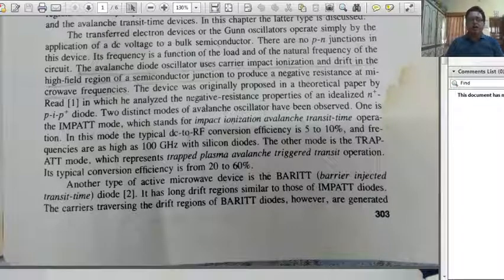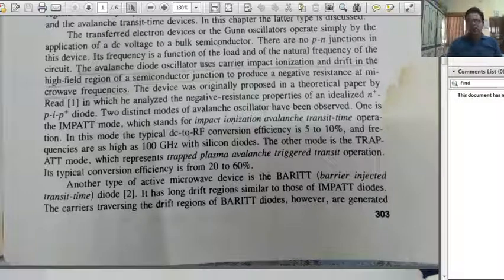Originally Read's paper, a theoretical paper, explains such kind of devices which are known as avalanche diodes, and these are analyzed by the negative resistance properties of an idealized N plus P I P plus diode.